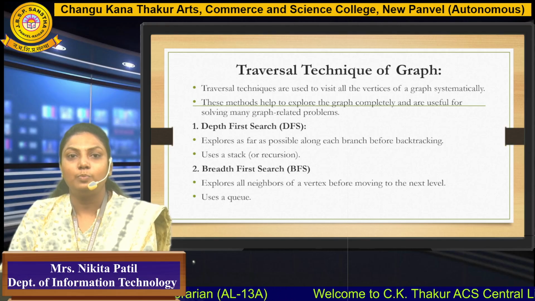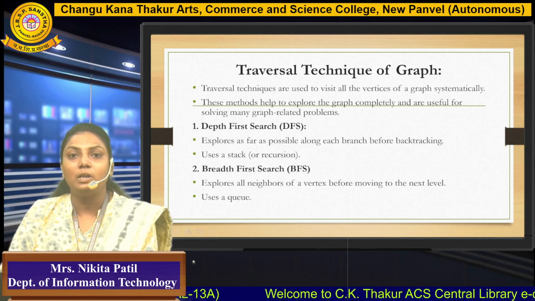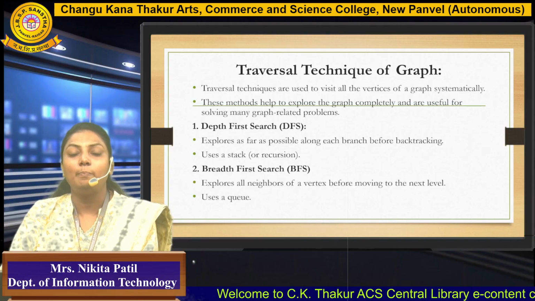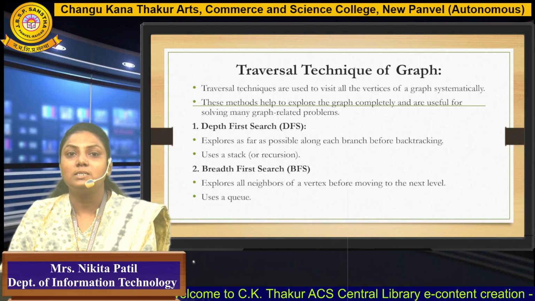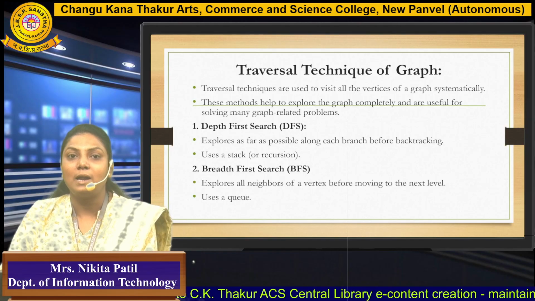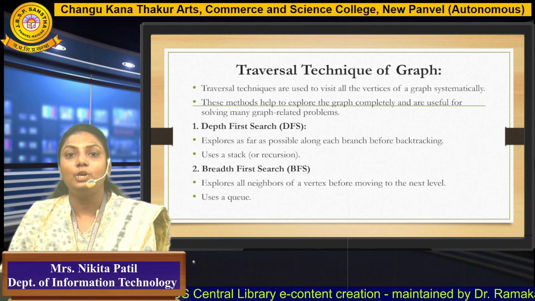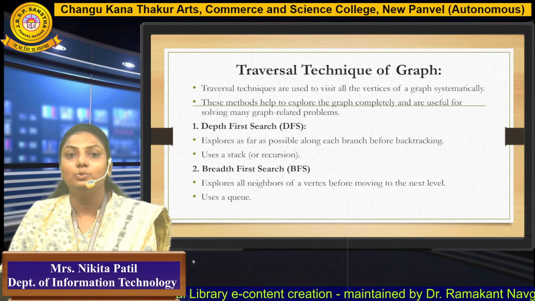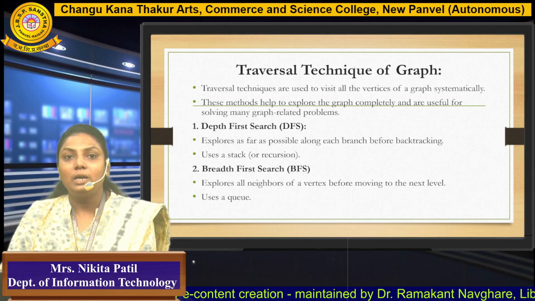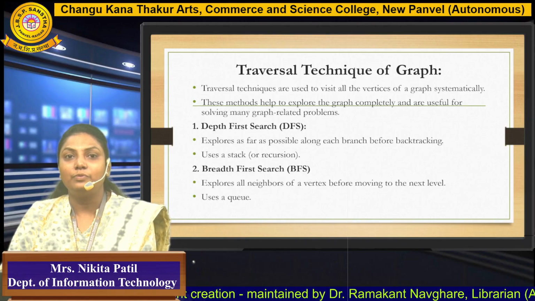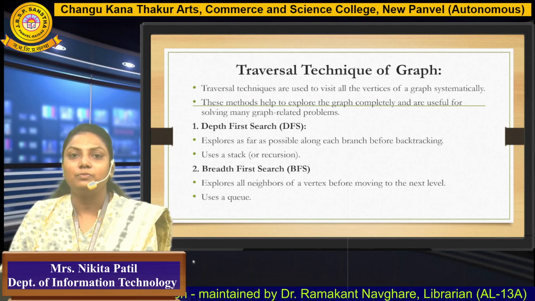DFS means exploring as far as possible along each branch before backtracking, using a stack or recursion. BFS explores all neighbors of a vertex before moving to the next level, using a queue. So let us discuss depth first search in detail and then breadth first search.